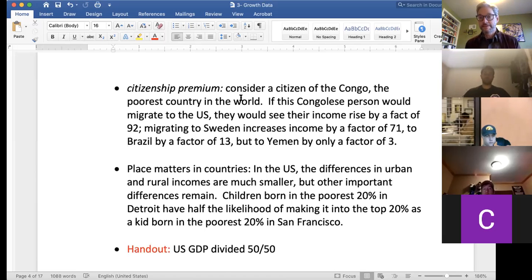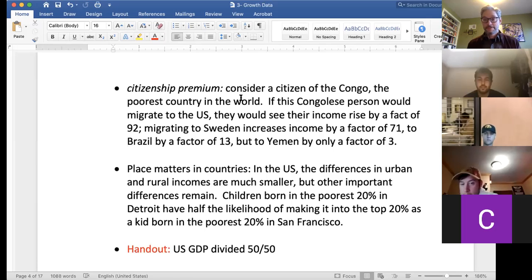If a typical Congolese person would migrate to the United States, they would on average see their income rise by a factor of 92. If they migrated to Sweden, they'd see their income rise by a factor of 71. If they migrated to Brazil, their income would go up by a factor of 13. And if they migrated to Yemen, their income would go up by a factor of 3.